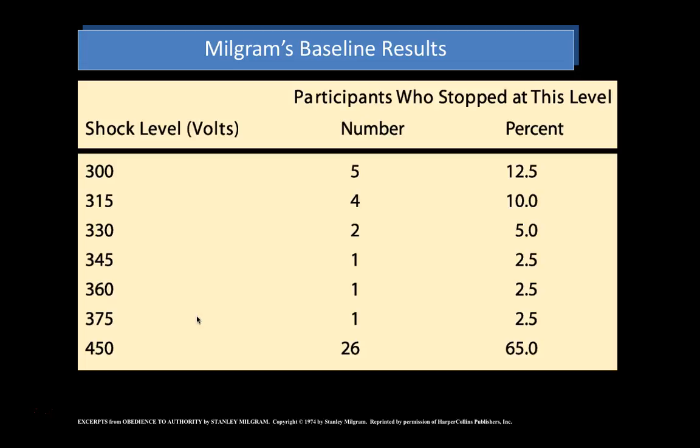The only people who suffered in this experiment, of course, the learner was just a confederate who disconnected from the shock immediately, but the subjects suffered terribly. Many of them cried. They begged the experimenter to, quote, let them stop. They engaged in nervous laughter.